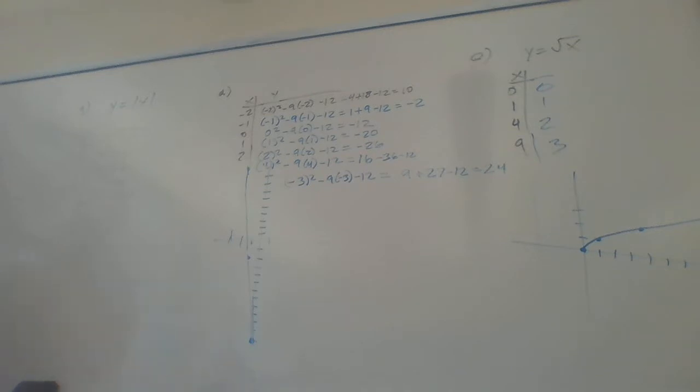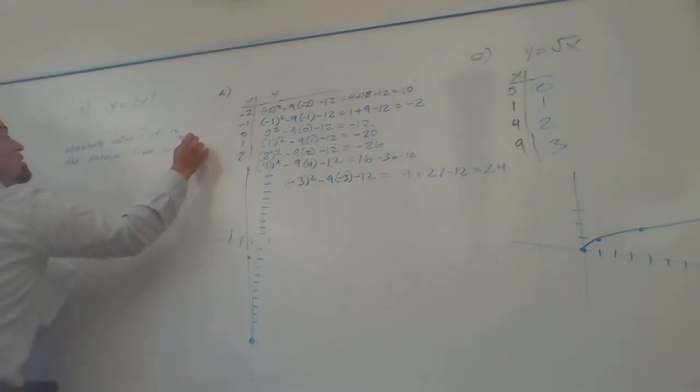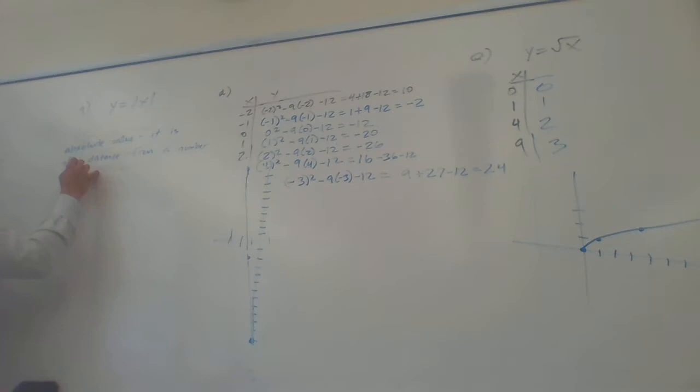Another definition of absolute value, which I don't think I wrote here, is the distance from a number on the number line to 0.